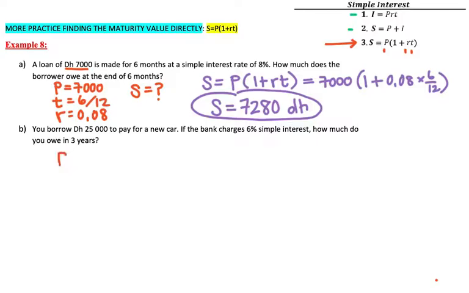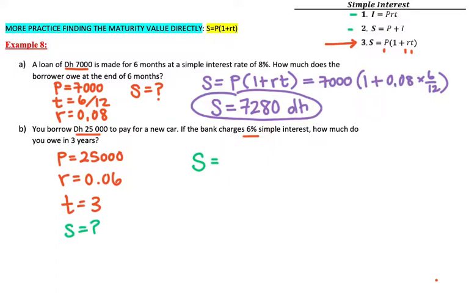Let's do the second example. You borrow 25,000, so again, that's the starting amount P. The bank charges 6%, that's the rate. How much do you owe in 3 years? That's just time equals 3 years. We don't need to divide by anything because they gave us the time in years. So we'll use that same equation if we want to know the future amount that you owe, what you borrowed plus the interest.